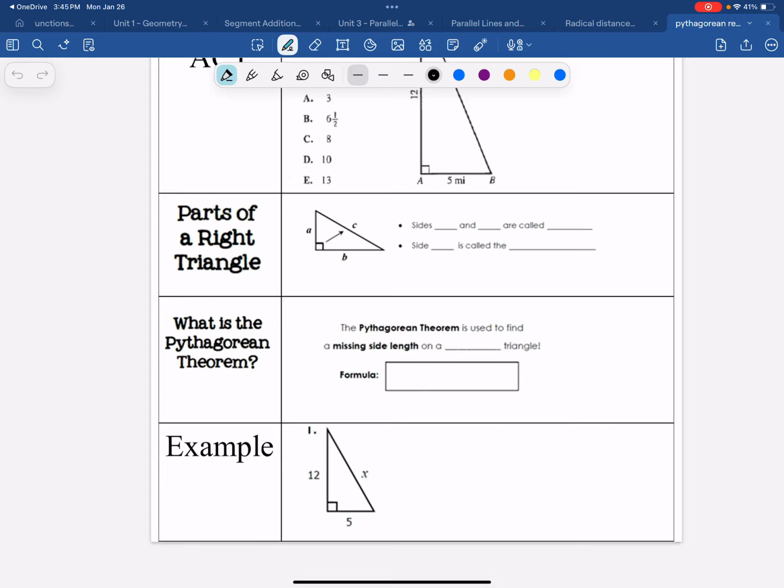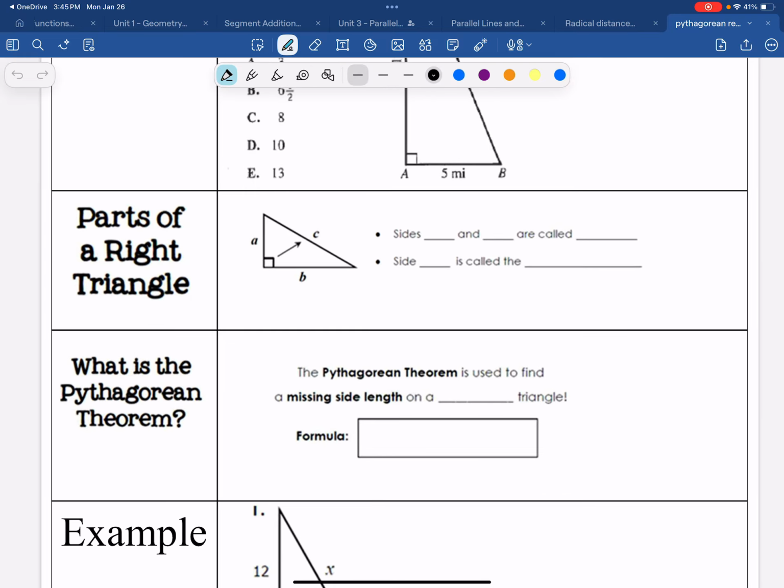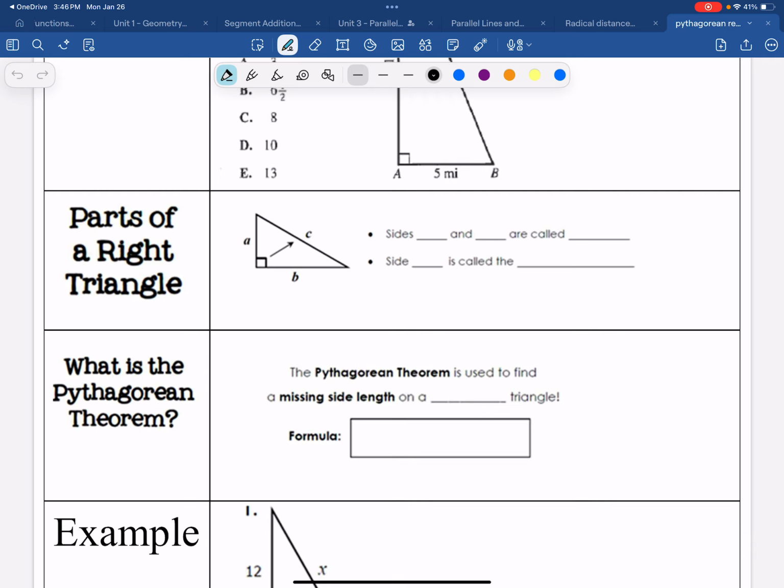All right, before we get started, let's review the parts of a right triangle. A and B are called legs. So these are the legs. Then C is called the hypotenuse.